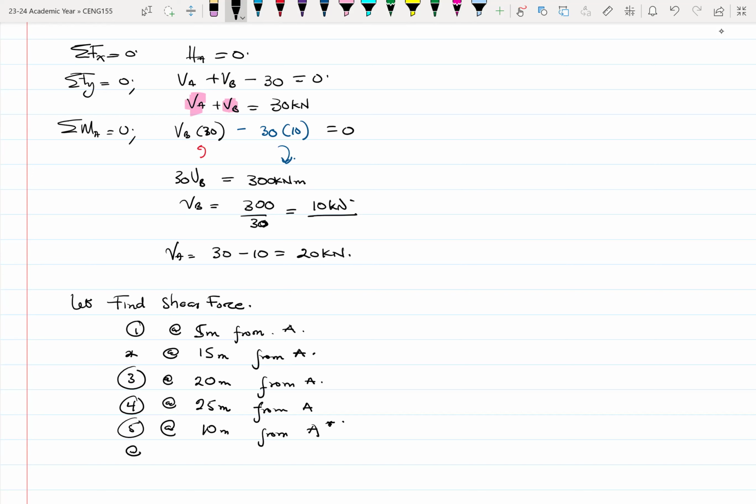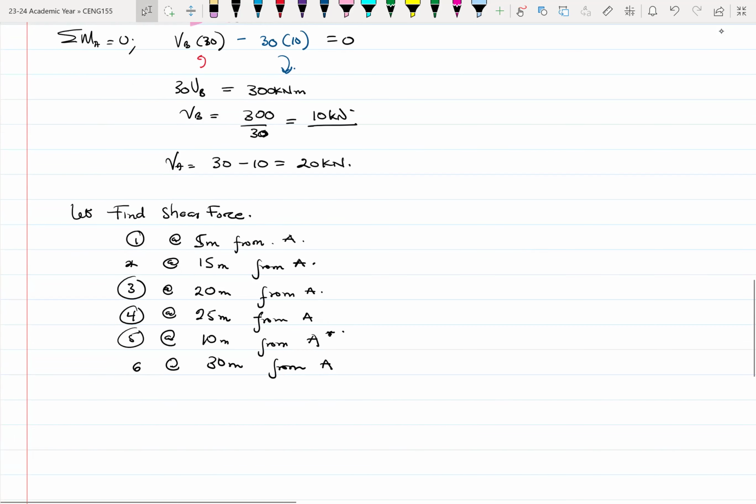And let's do number 6, 30 meters from A. Then let's do number 7, we just see how everything looks, at 0 meters from A.